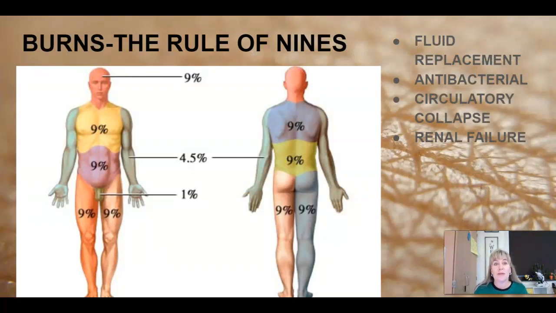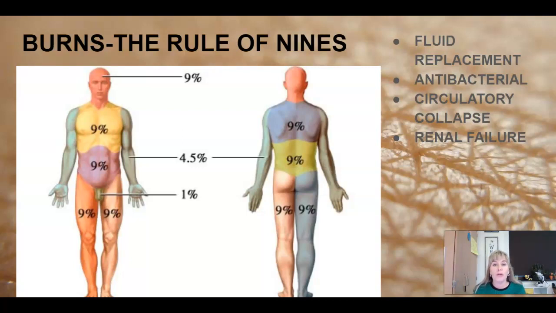The next thing I want to talk about is burns and the rule of nines. So the biggest problem when a person gets severely burned is the fact that they're in jeopardy of losing all of their bodily fluids. So for 24 hours, you're actually considered to be sterile. Bacteria can't grow. After that, bacterial growth is your second concern.